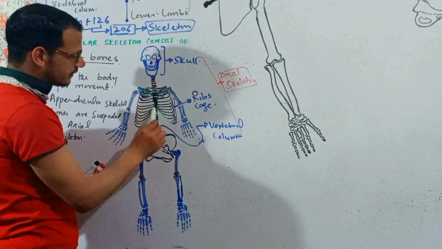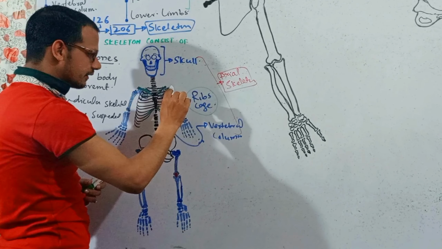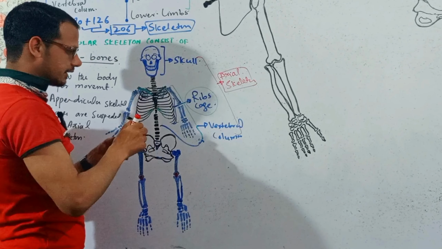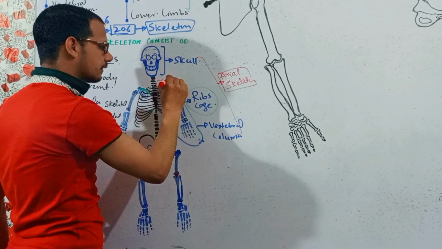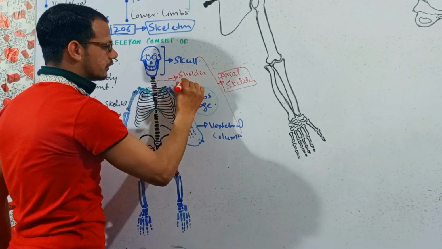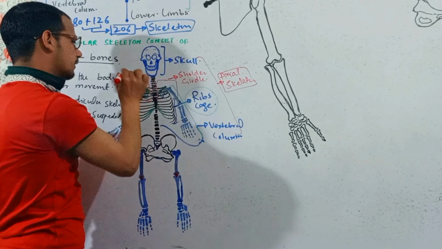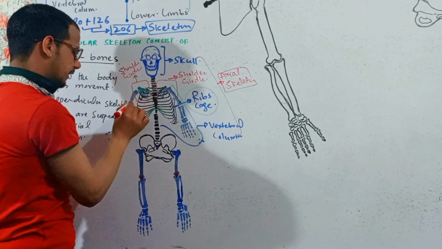For example, this is the rib cage, a part of the axial skeleton, and these from here up to here are called the upper limbs. This region is called the shoulder girdle, right?